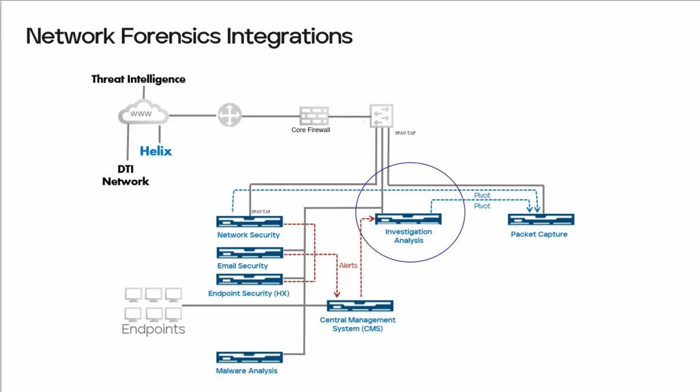Next, investigation analysis integrates with packet capture, central management system, network security, email security appliances, and endpoint security, and you're able to pull alerts either from them directly to the investigation analysis system, depending on how you configure it, or if you connect to the central management system which manages these, you can pull the alerts of network security, email security, and endpoint security to the investigation analysis appliance.